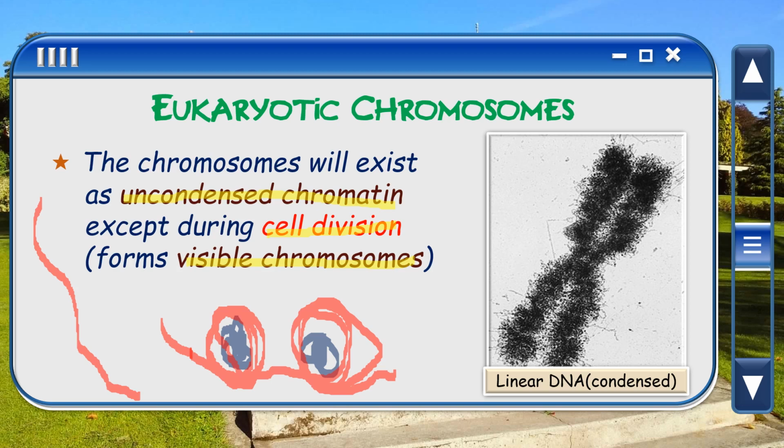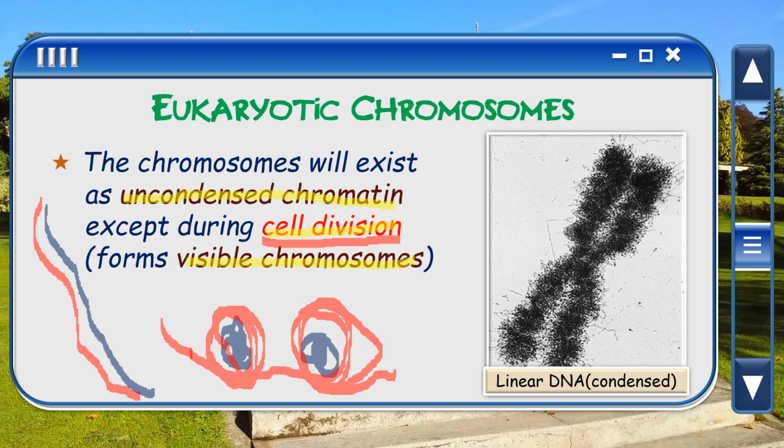But if it is not undergoing cell division, then it will appear uncondensed, just like a single long thread. There it is an uncondensed chromosome.